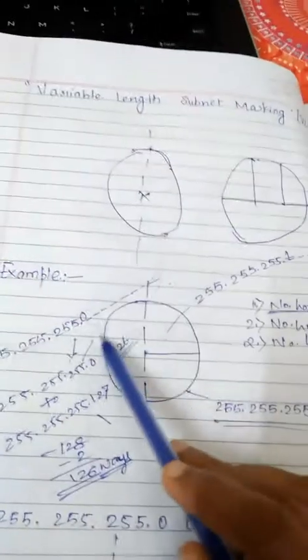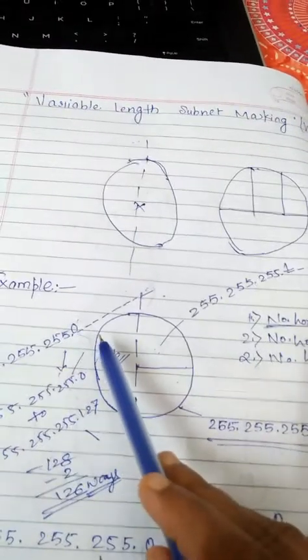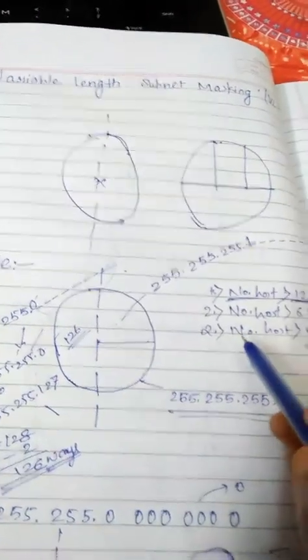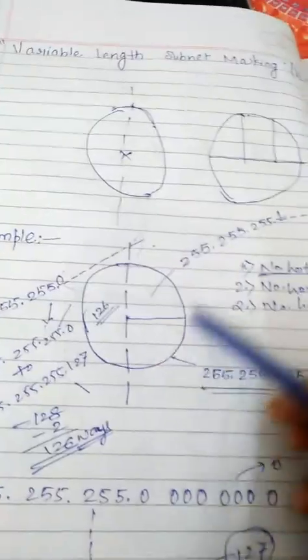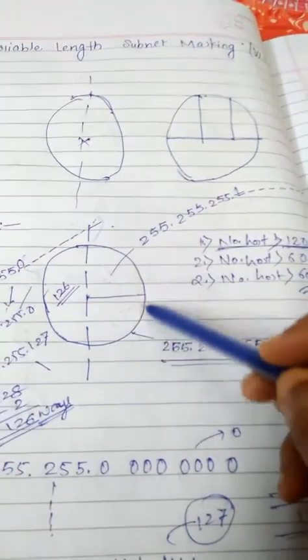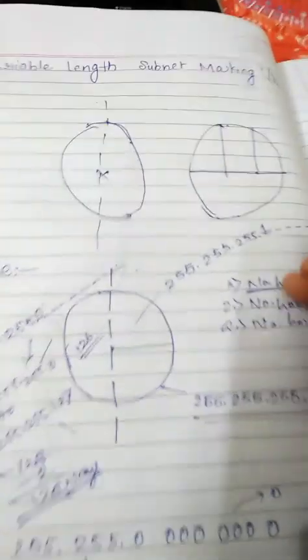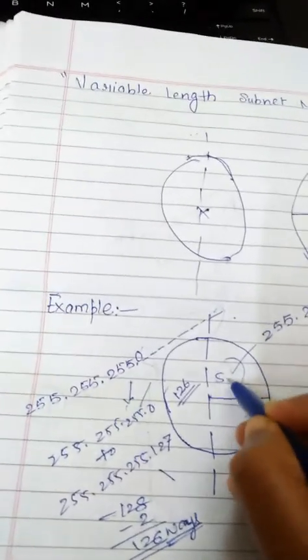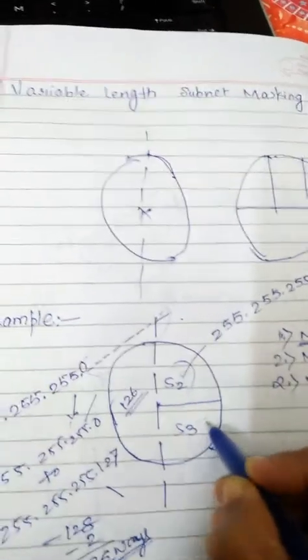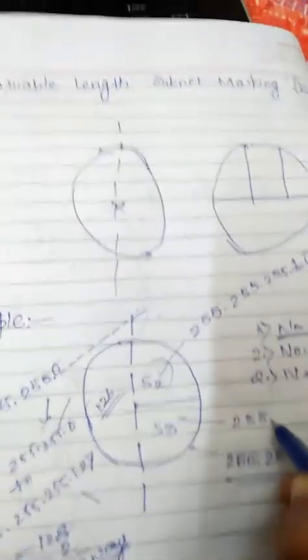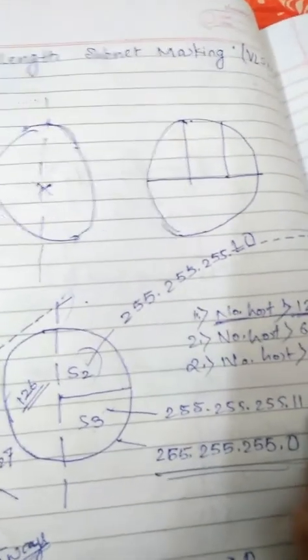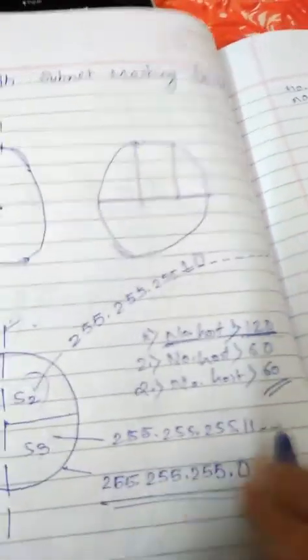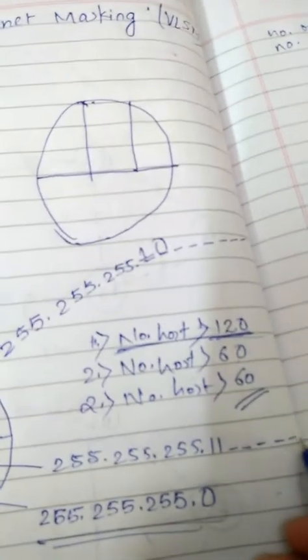As we know, the first digit is already fixed, so we need to fix one extra digit so that we could find the range and the IP address probability for these subnets. Okay, like suppose the second digit is 0 for this subnet, that is S2, and for S3, suppose it is 255.255.255.11, then how many digits will be there? 6 digits.